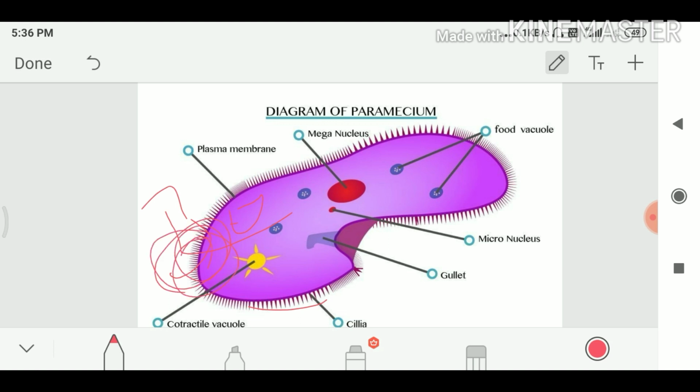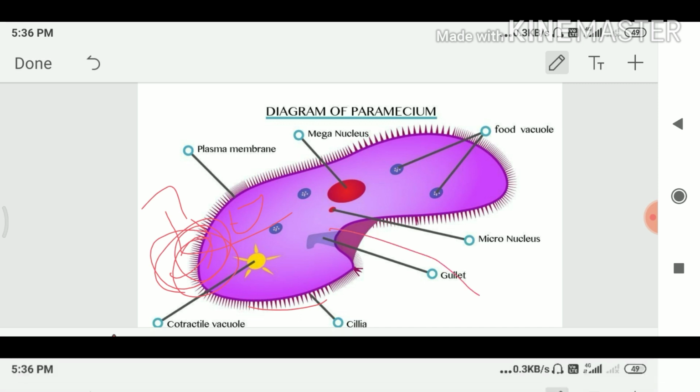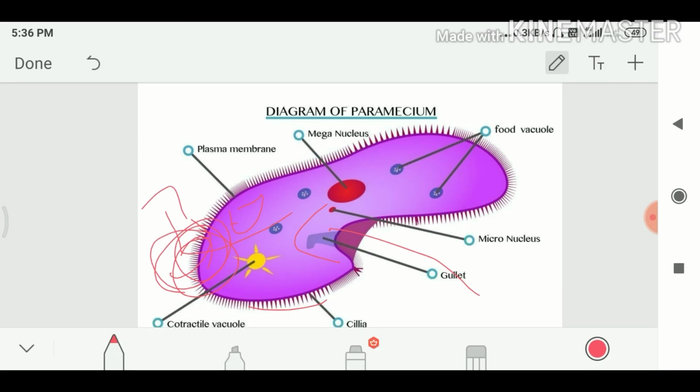Right? So there are 5 steps in paramecium. First is ingestion, the taking up of food particles through the gullet. Second step, digestion, in which the food material is stored in the food vacuole and digestive enzymes digest it into its simpler form. Third step, absorption, from high concentration to low concentration.